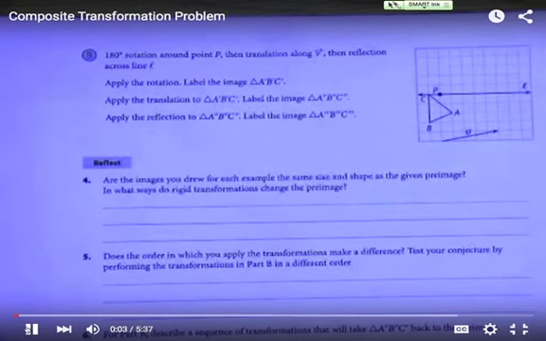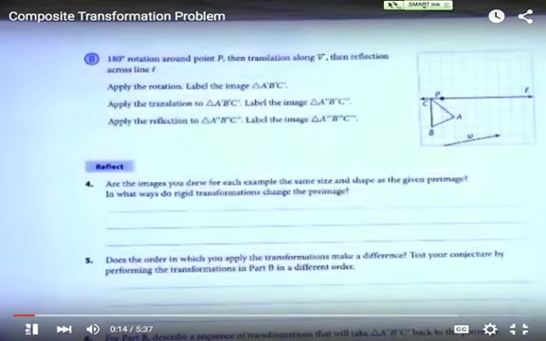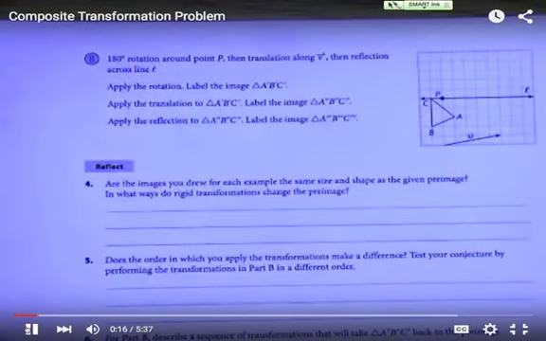In this example, we're being asked to do a rotation, then a translation, and then a reflection. And I wanted to make sure to do this hands-on in this video because there's no coordinates in this diagram. There's no numbers. So it's a little bit different than doing it in examples that I've shown you in the past.